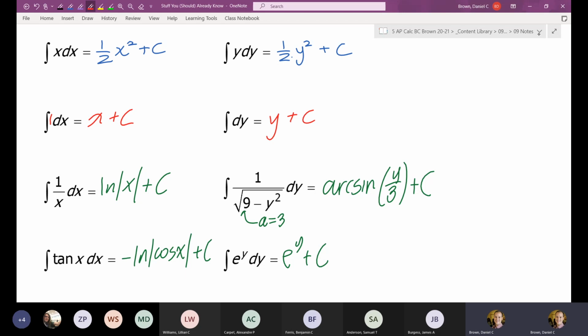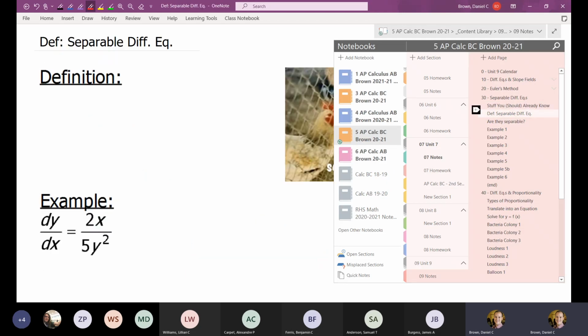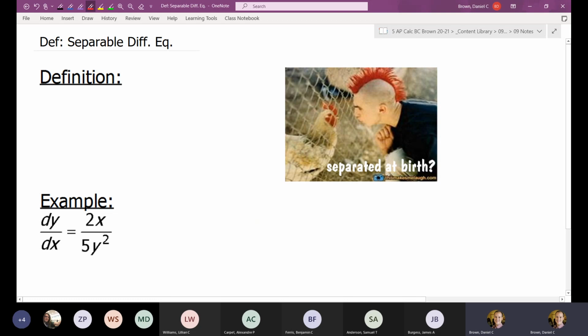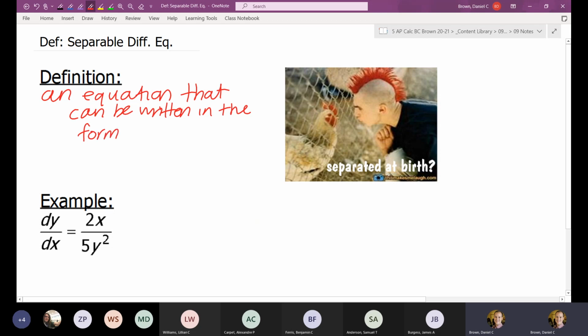So let's go ahead and define separable differential equations. A separable differential equation is an equation, a differential equation to be clear, that can be written in a certain form. That form is one where we basically separate anything in terms of y on one side and anything in terms of x on the other.